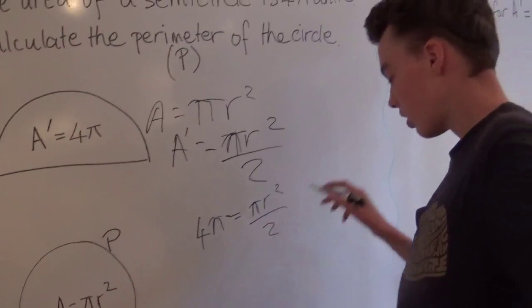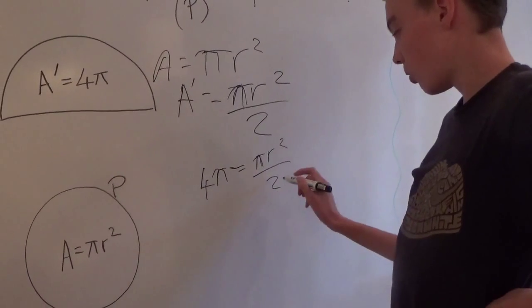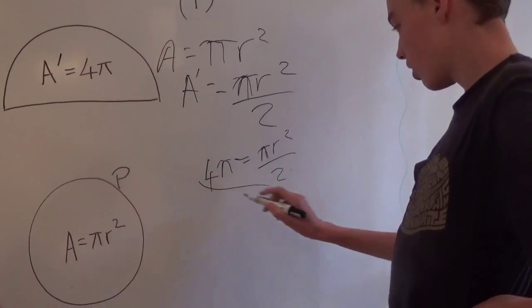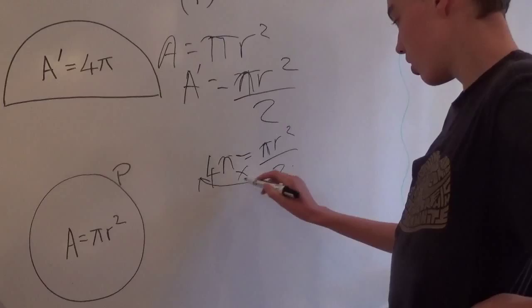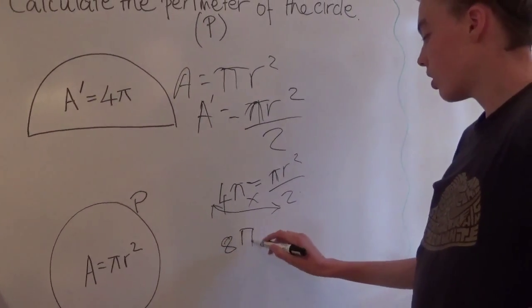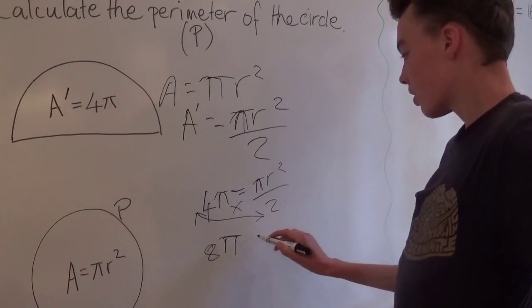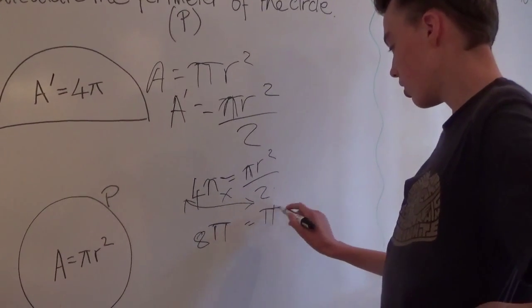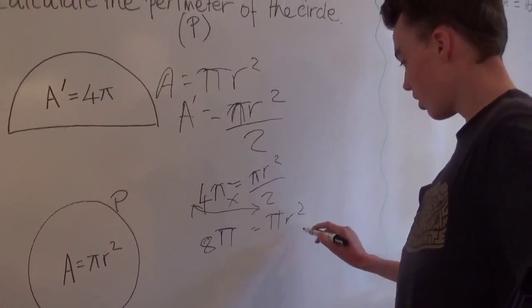Okay, and we don't like this denominator, so we just times across, which equals 8 pi equals pi r squared. Great.